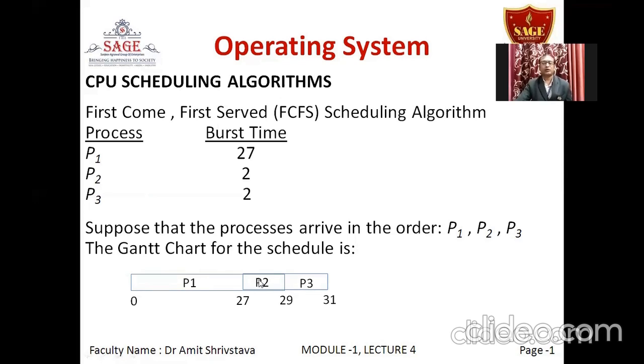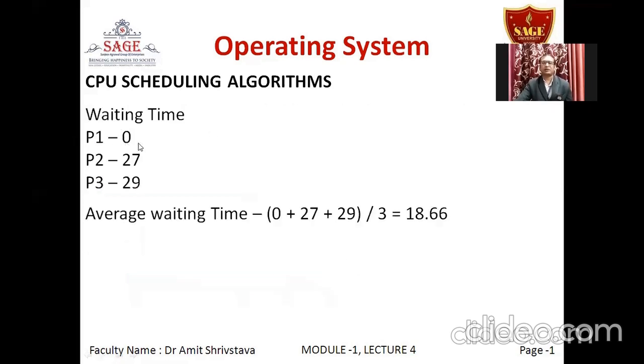Process P2 was allotted the CPU after 27 unit time intervals, so the waiting time of P2 will be 27. And P3 was allotted the CPU after 29 time units, so the waiting time of P3 is 29. So the waiting time of P1 is 0, P2 is 27, P3 is 29. The average waiting time will be the sum of these divided by 3, which comes to 18.66.